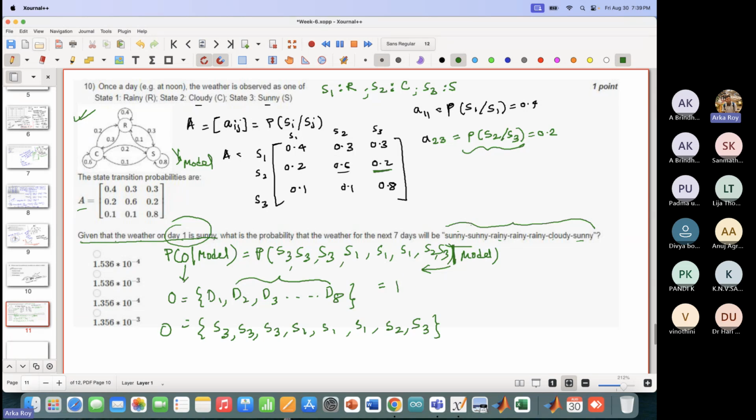If I start writing them, we can start from this direction, right to left.